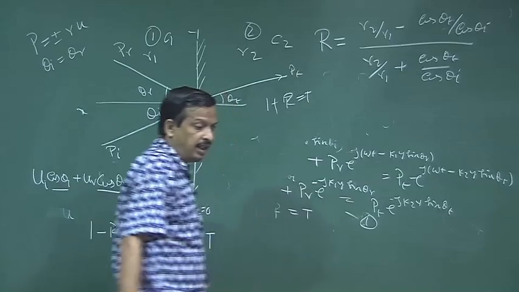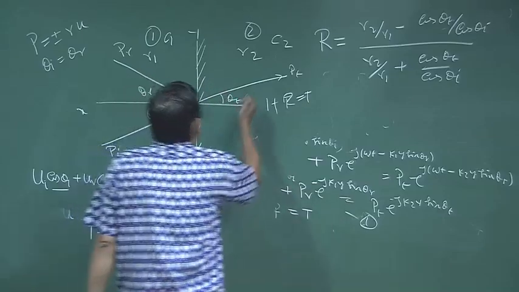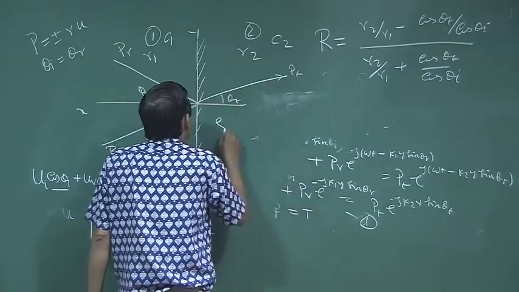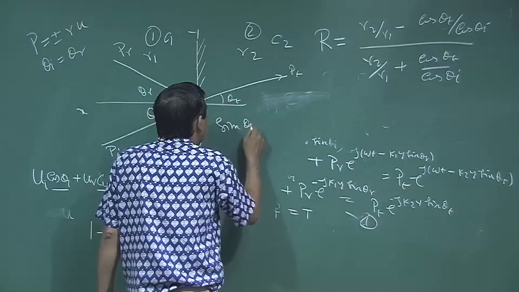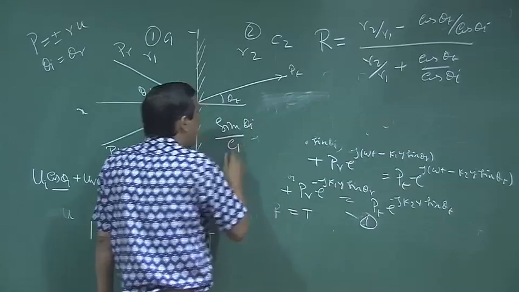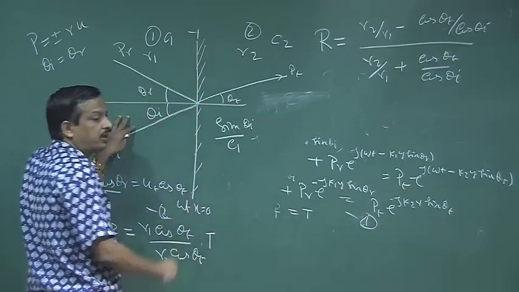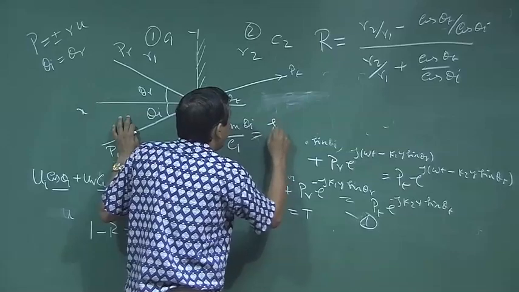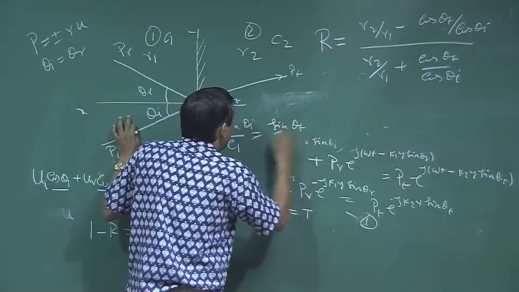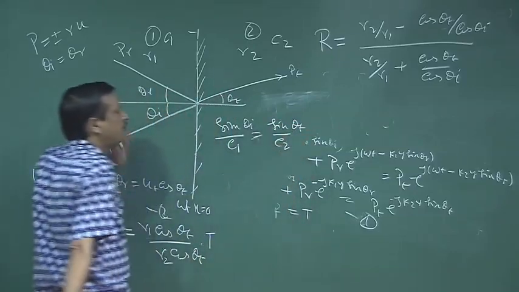And another equation, Snell's law, says that sin theta I by C1, the velocity of sound in the first medium, is equal to sin theta t by C2. Okay.